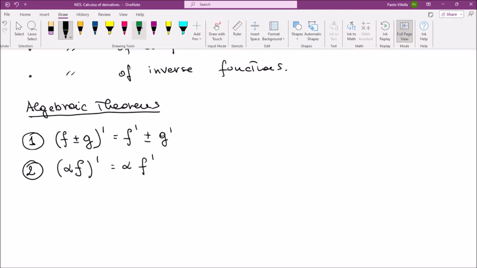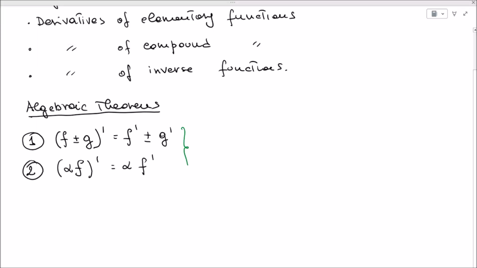So notice that theorems 1 and 2 say that the derivative is a linear application.